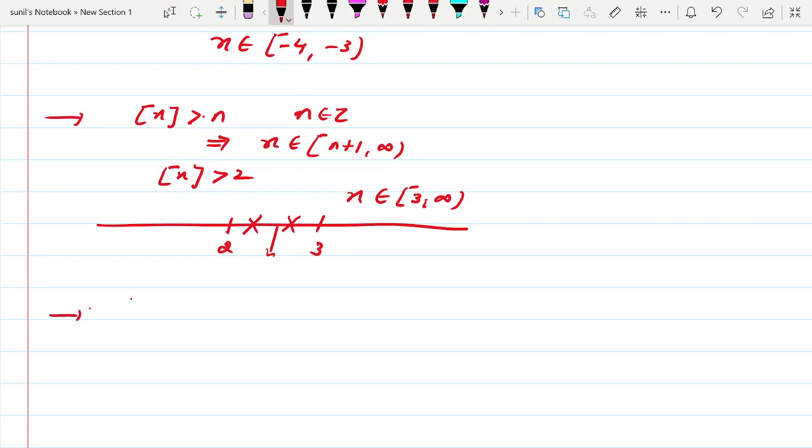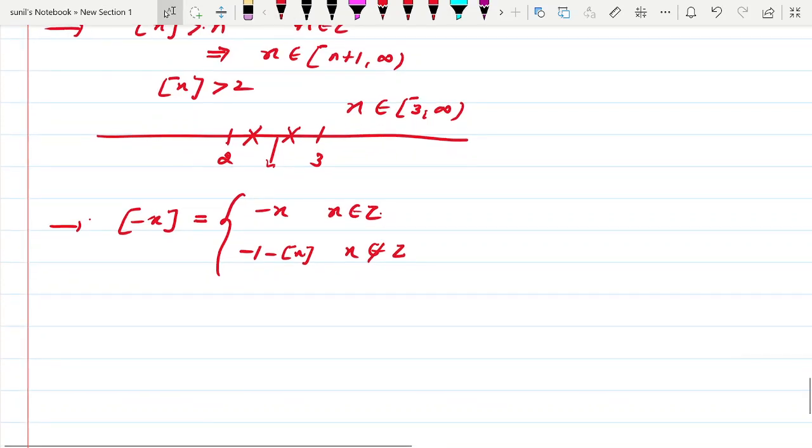There is a property: bracket of minus x is obviously minus x if x is an integer. It is minus 1 minus bracket of x when x is not an integer. You can take some example.